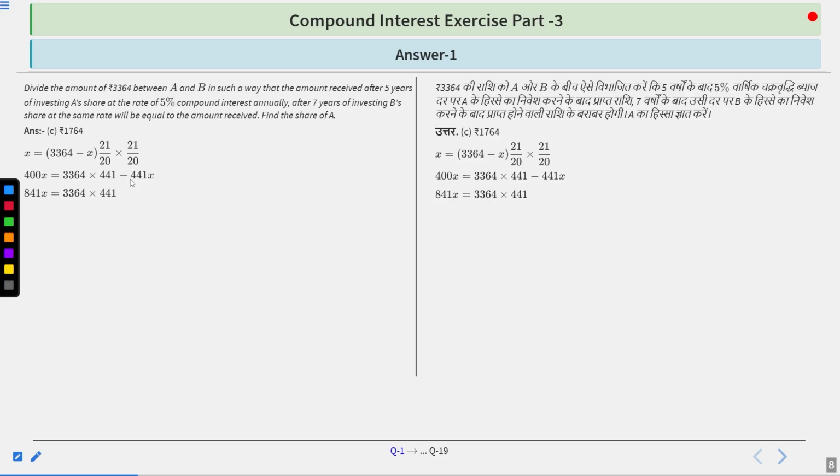The minus 441x will go to the left hand side and become positive, then 400 plus 441 is 841x. That is equal to 3364 into 441. So the value of x is equal to 3364 into 441 upon 841, and on simplification it is equal to rupees 1764. Therefore option C is the correct answer.